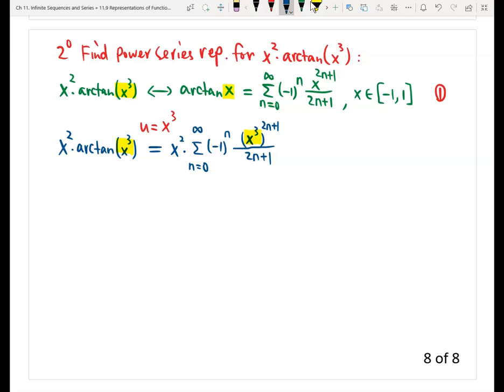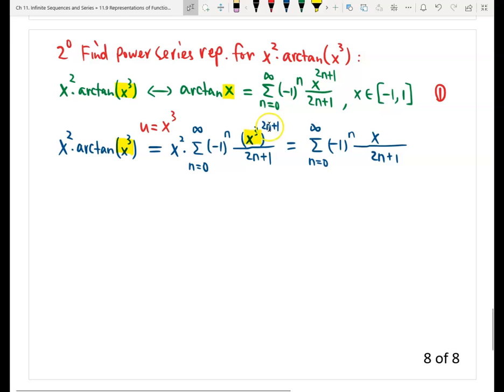But now we can simplify a little. We put all the x together. The constant -1 raised to the nth power is still here, and the denominator is still 2n plus 1. The numerator is x. What is the new power? We have 6n plus 3, but don't miss these 2 outside.